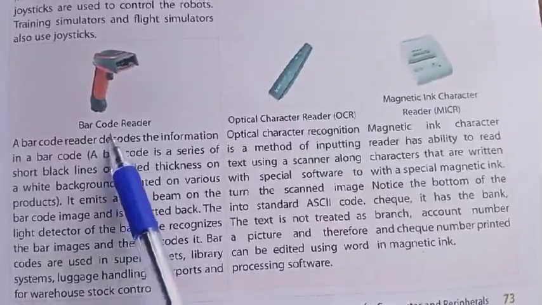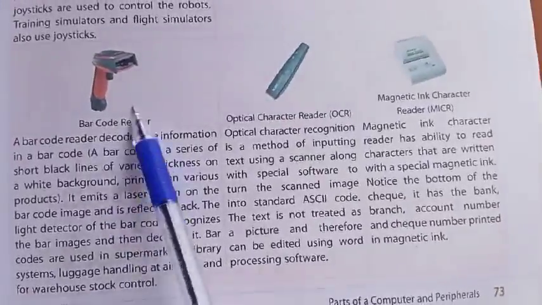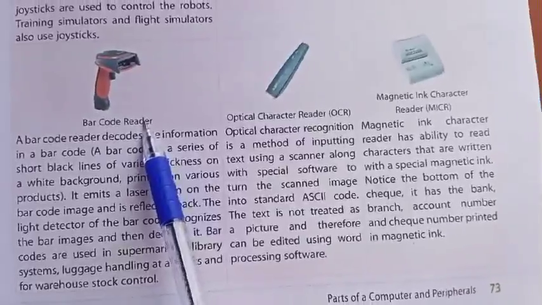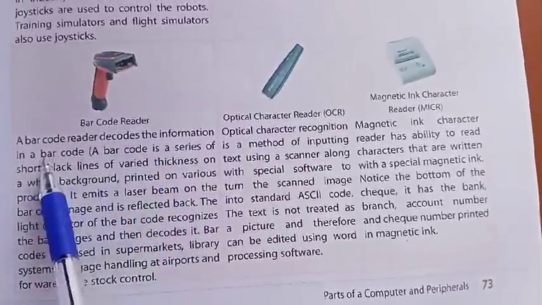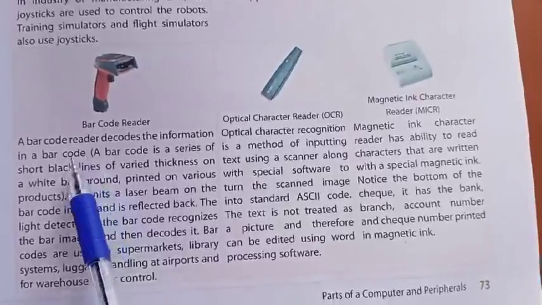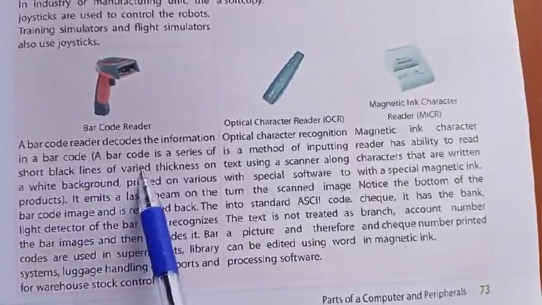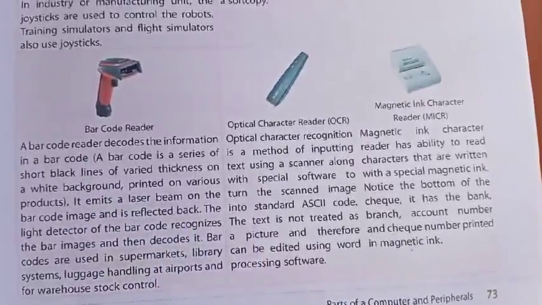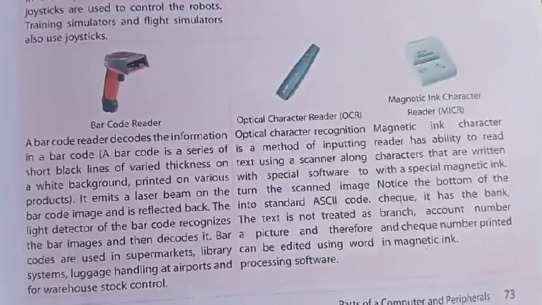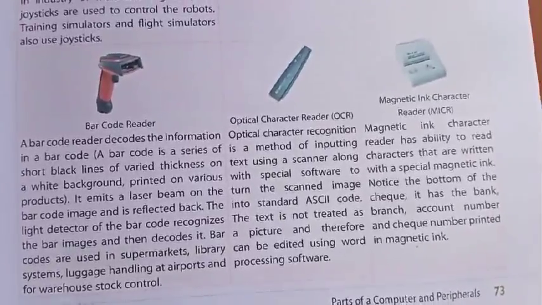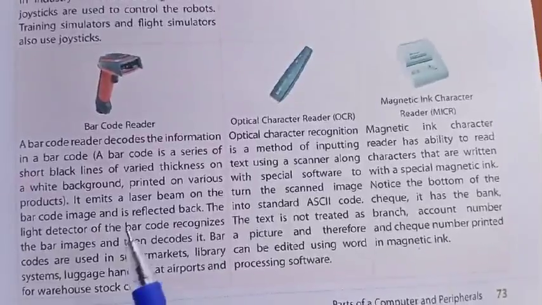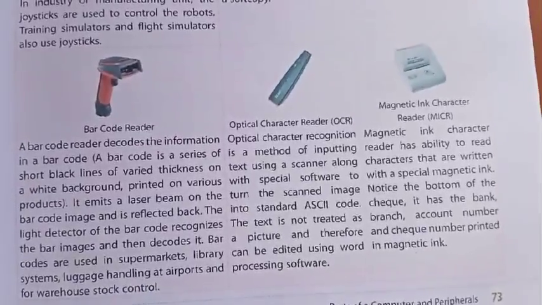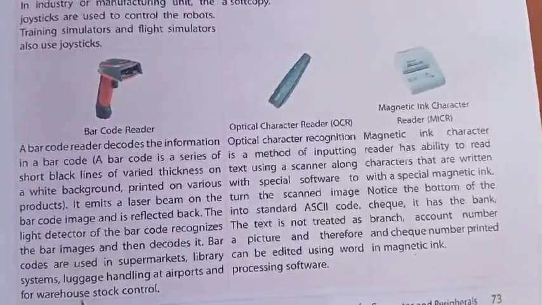Further, we have the barcode reader. This barcode reader is used exclusively to read the code that is written in the form of bars. Bars are a series of black lines of varying thickness. Some are quite thick, some are thin, which you must have noticed on products. That is used to read the information written in the form of these bars.